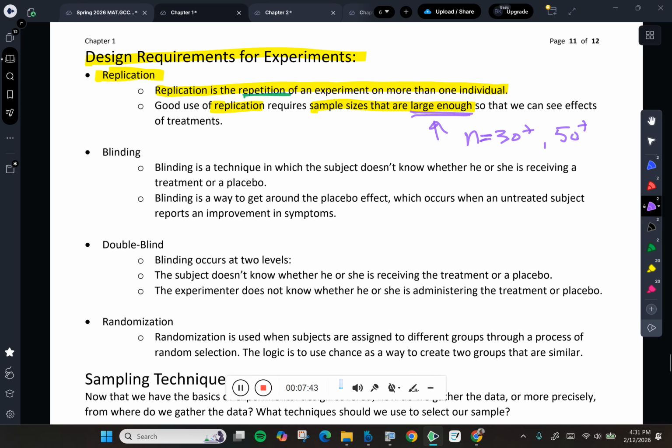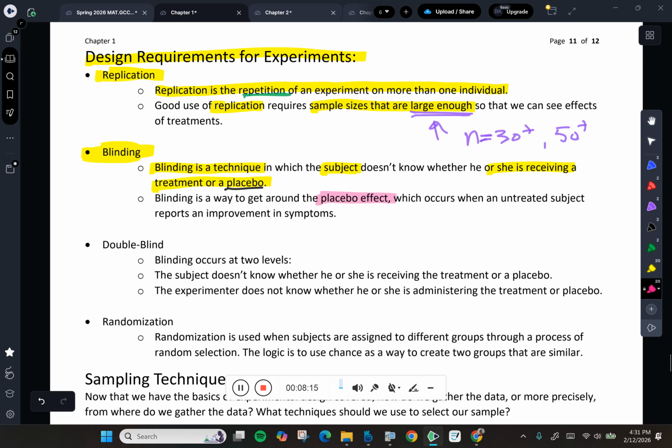Okay. Also, in an experiment, we often worry about blinding. Blinding is a technique in which the subject doesn't know whether they're receiving a treatment or a placebo. Now, I'm tossing that word in there, placebo. I'm assuming you guys know what that means. That's a fake pill. So everybody gets a pill, and only some people have the actual drug, and some people are just getting a sugar pill, the placebo. Blinding is a way to get around something called the placebo effect.